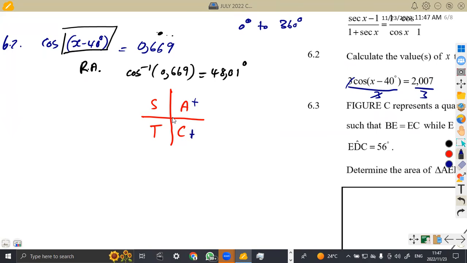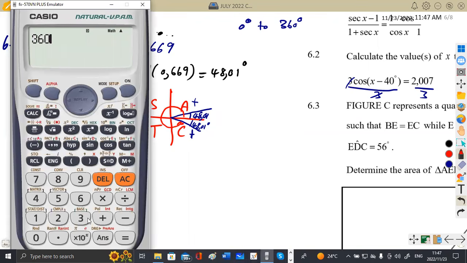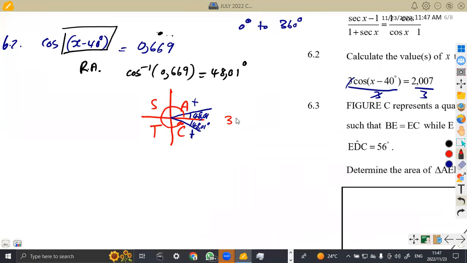So in the first quadrant, we are going to take the angle as it is, 48.01. We also have 48.01 degrees here. So that means we're going to have two answers. 360 minus 48.01 degrees is 311.99. So we've got another angle, 311.99 degrees.